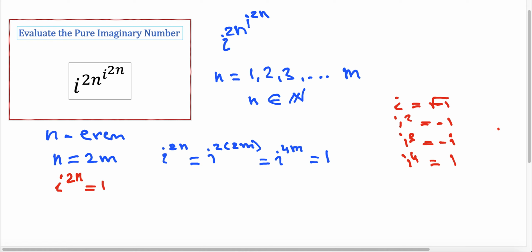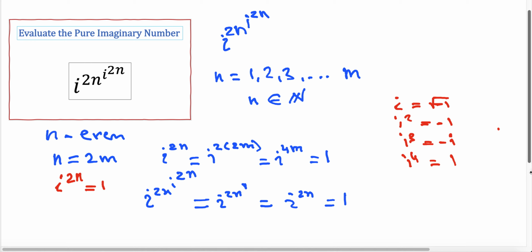But on the other hand, if we look at i^(2n) to the power i^(2n), it is as follows. We can write it in this form: the base i^(2n), which is equal to 1, raised to the power i^(2n), and as we found out i^(2n) is equal to 1, so 1 to any power is equal to 1.